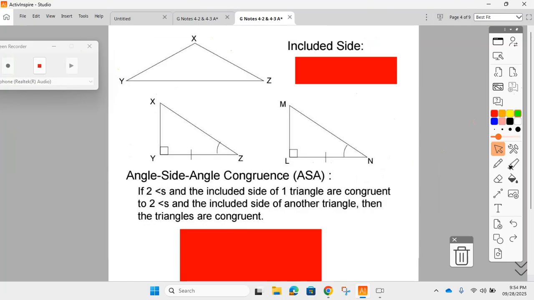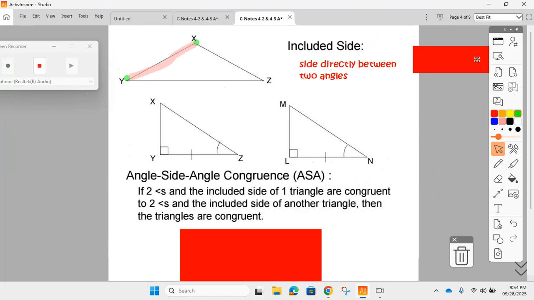So in this case, if we've got angle Y and angle X, the side that is connecting those two angles is the included side. So side YX is the included side between angle X and angle Y. Side XZ is not in between angle X and angle Y. So that's what we're talking about when we talk about included side, the side directly between the two angles.